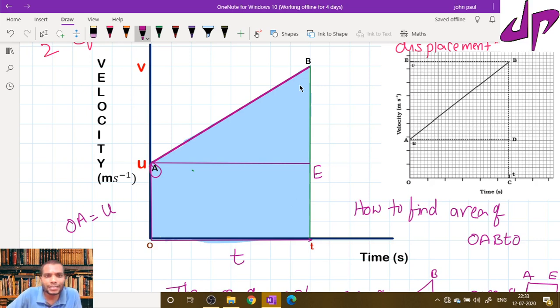OT is parallel to AE, so its value is also T.